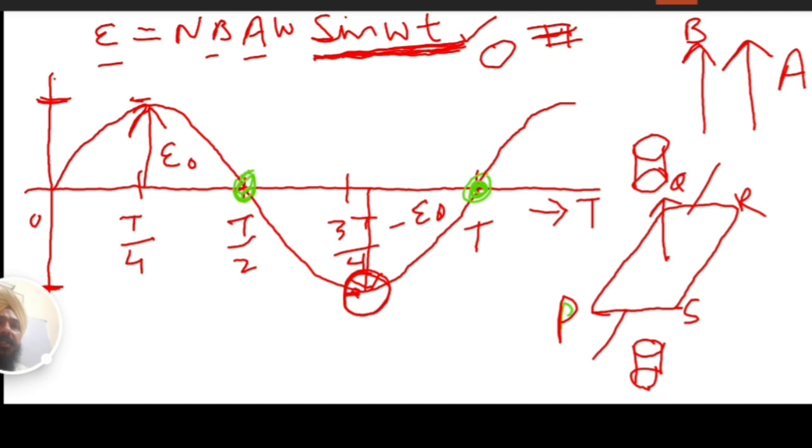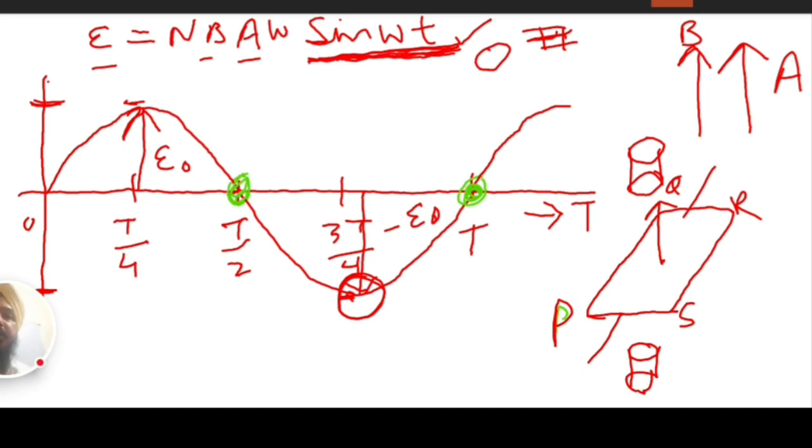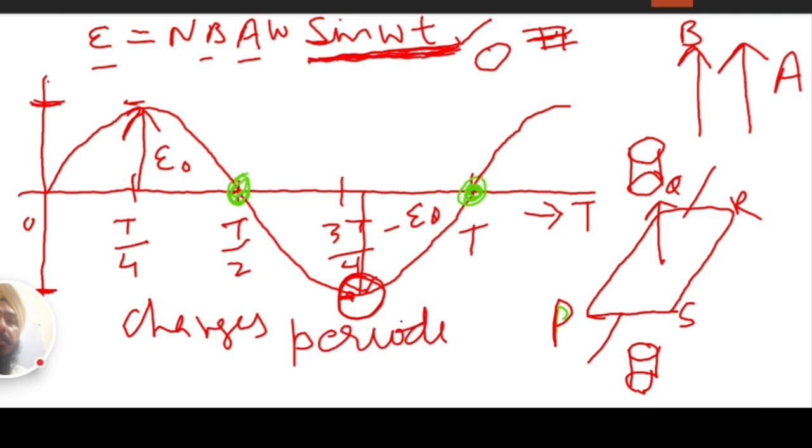So at 270 degrees sine theta will give us a minus 1 value. Now the direction of the current, or you can say the induced EMF, changes periodically. The periodic change of this EMF makes it alternating.